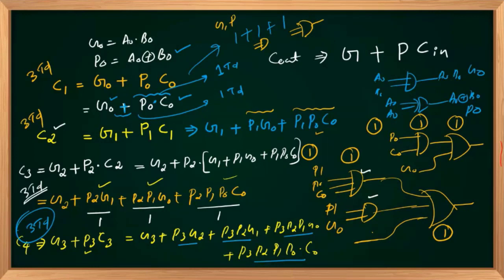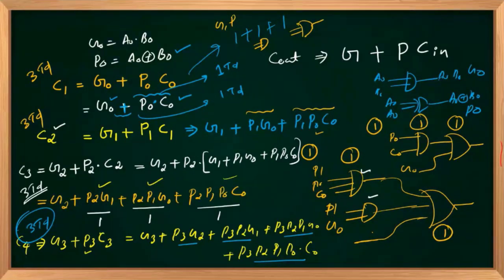So in the carry look ahead adder, the time required to produce carry out is independent of the number of stages we are connecting together or the number of bits. Right.